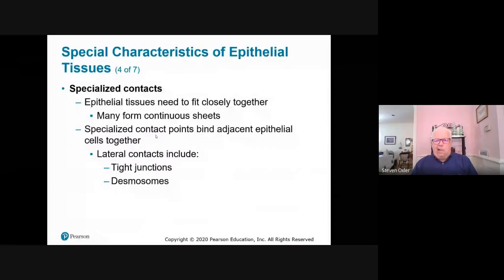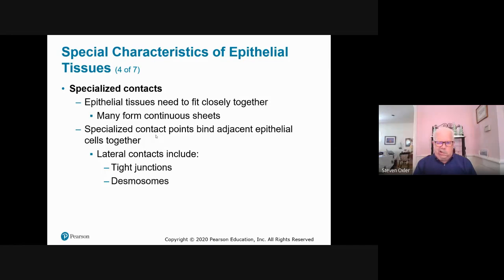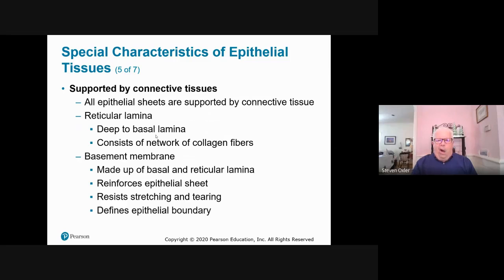It also has specialized contacts, and we talked about these contacts before. We talked about the junctions. In epithelial cells, there are two types of junctions. One is tight, and the other is desmosomes. All epithelial tissue is supported by connective tissue.